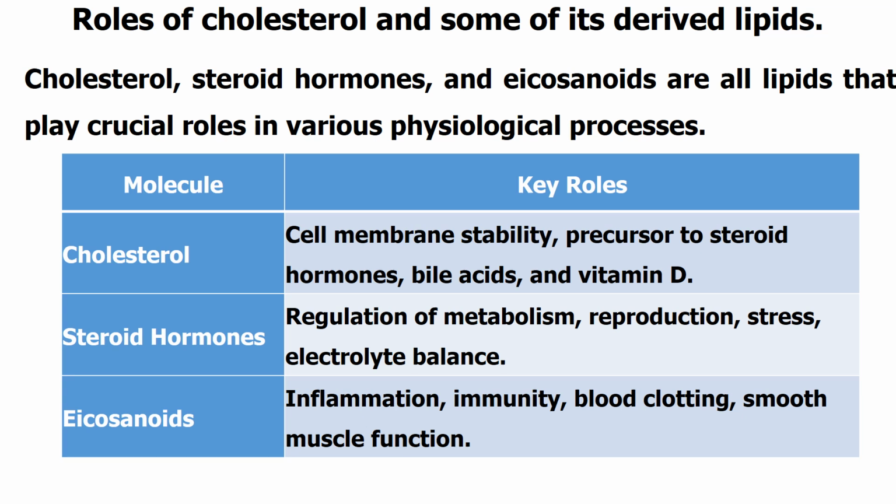Steroid hormones, which are also derived from cholesterol, are involved in the regulation of reproduction, stress, and electrolyte balance. While eicosanoids are lipid molecules involved in inflammation, immunity, blood clotting, and smooth muscle functions. You can see how important this molecule called cholesterol is.